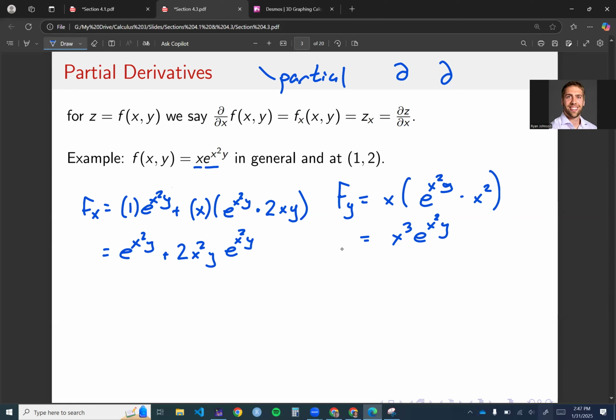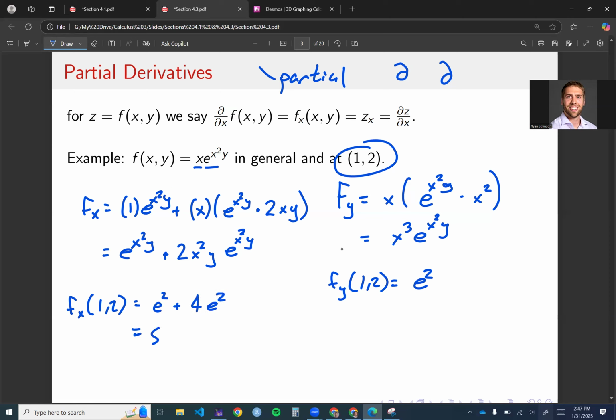All right? And then in your homework, they're going to ask you to plug in numbers. So let's plug in (1, 2) to both of these. So f_y of (1, 2), plug in 1 for x, 2 for y, you get what? e squared. And then over here, f_x of (1, 2), you get e squared plus 4e squared.